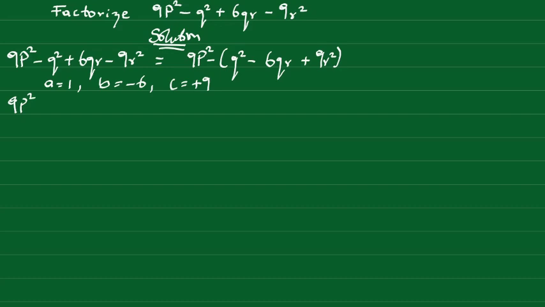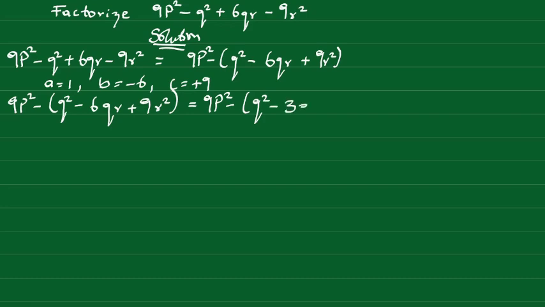Therefore, our expression 9p squared minus bracket open q squared minus 6qr plus 9r squared bracket closed is equal to 9p squared minus bracket open q squared minus 3qr minus 3qr plus 9r squared bracket close.